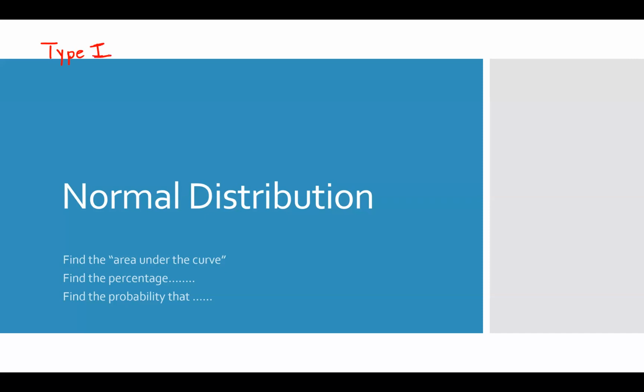And in type 1, in the scenario, somewhere you're probably going to see a phrase like find the area under the curve, or find the percentage, or find the probability that. Okay? So that's the type 1. And then we'll come back in a few minutes and talk about type 2. But I want us to get into these examples here.